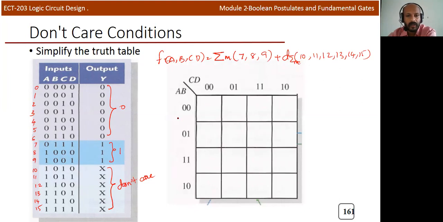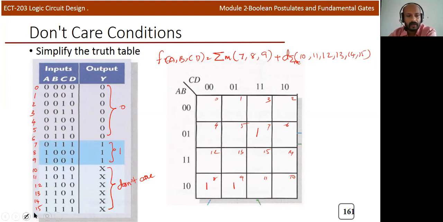So this is for variables a, b, c, d. Here this is 0, 1, 2, 3, 4, 5, 6, 7, 8, 9, 10, 11, 12, 13, 14, 15. First we need to indicate logic 1 for 7, 8, 9.